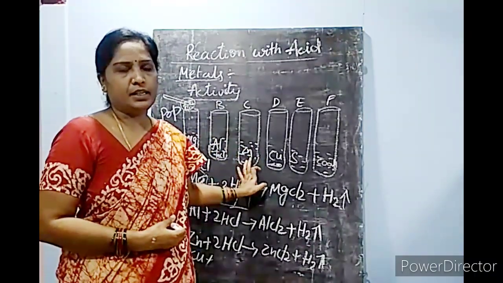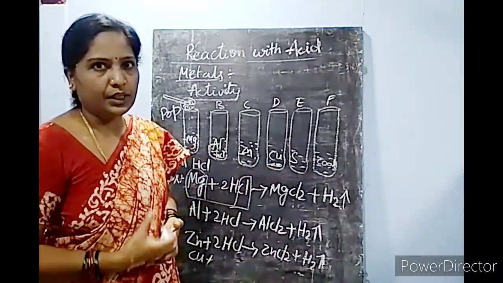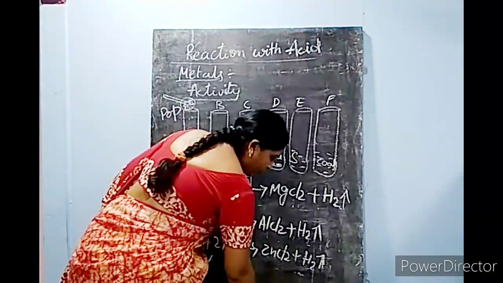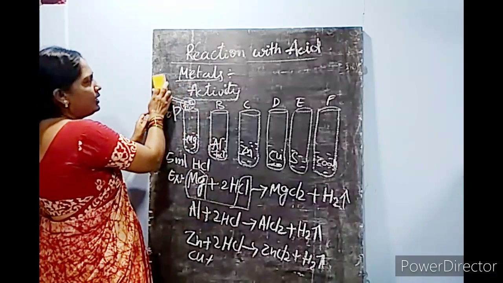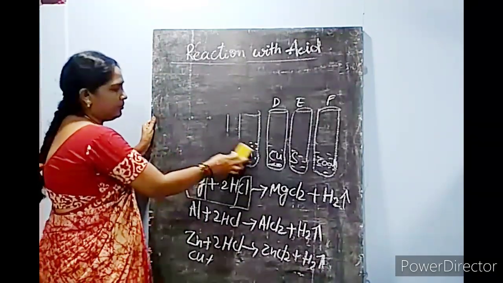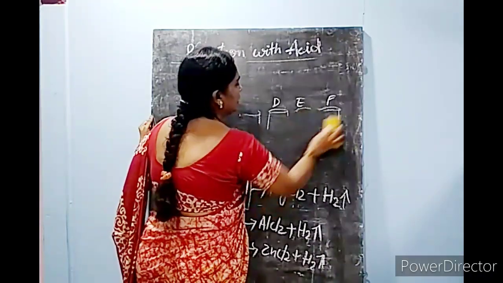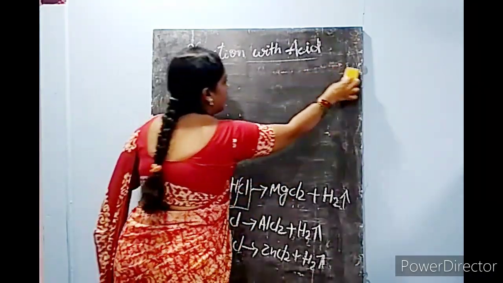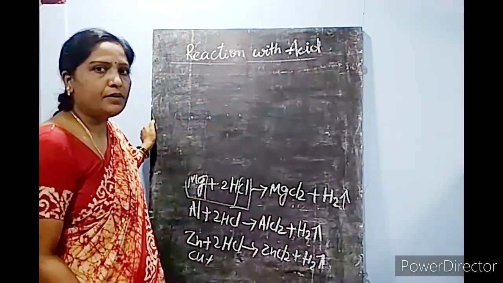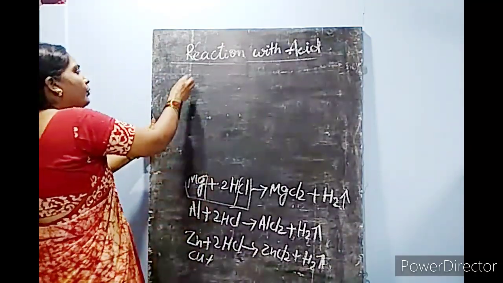To understand this, you should understand the reactivity series of metals. Which metal is very reactive? To understand that, we'll see one table, the reactivity table. We'll see which metals are more reactive, what is the reactivity series of metals.